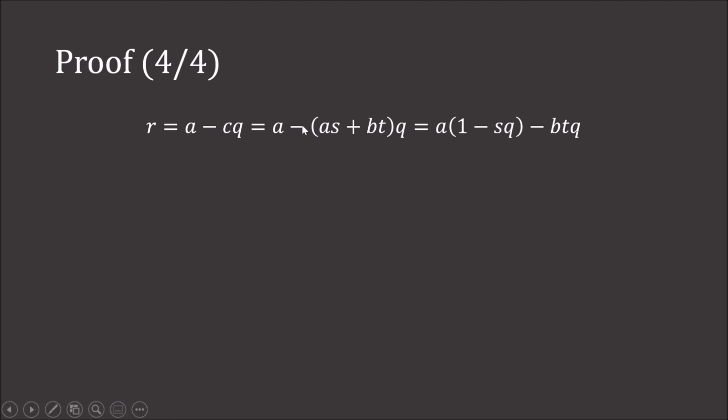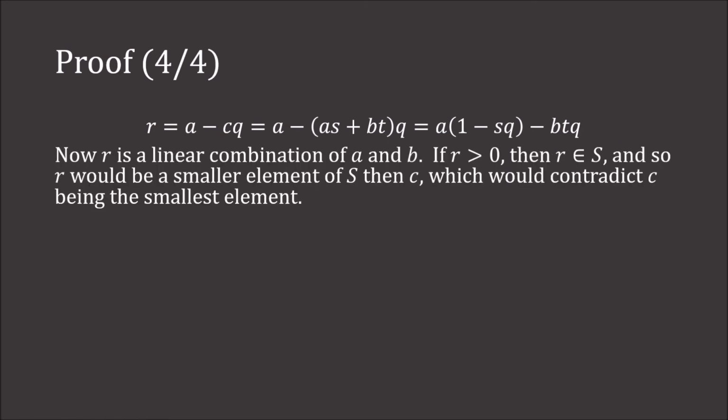I group the a terms together and factor out an a. We have a times (1 minus sq) and then minus btq. Now r is a linear combination of a and b. If r is greater than 0, then r is in S, and so r would be a smaller element of S than c, which would contradict c being the smallest element.